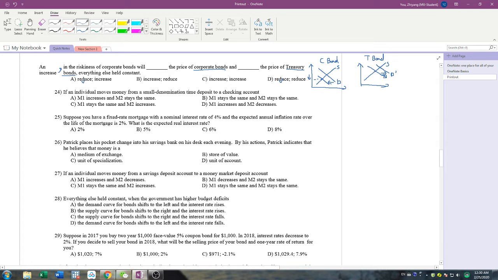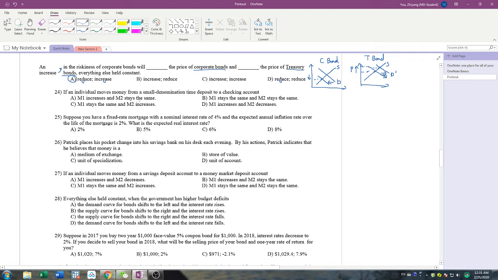Or someone may think, if I have a fixed amount of money I want to invest, and I buy less C-bond, I'm going to move my money to the treasury bond market. That thinking is perfectly fine in this case. So the price is going to increase for T-bond. The right answer is A over here.